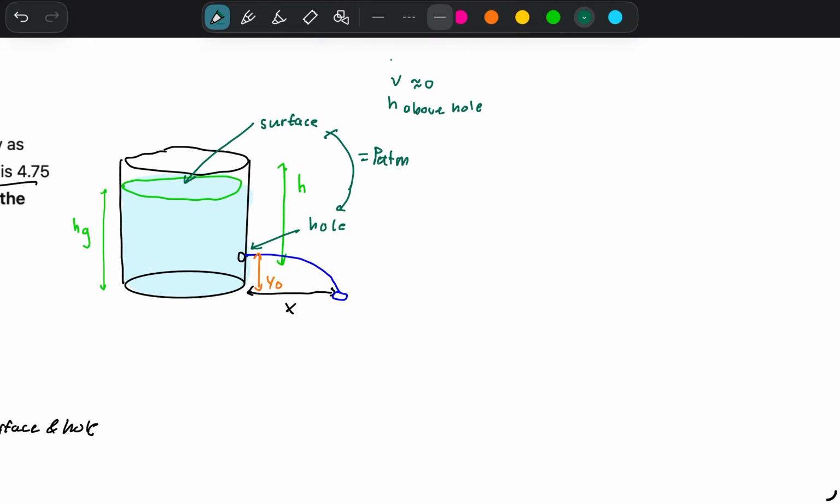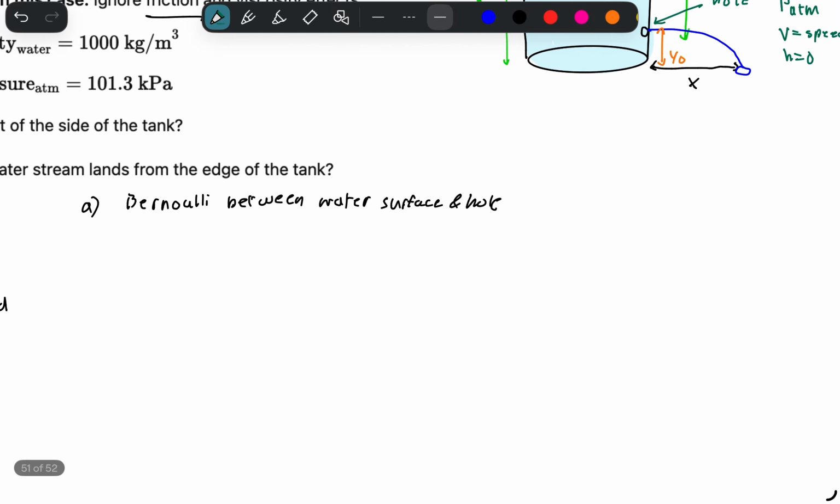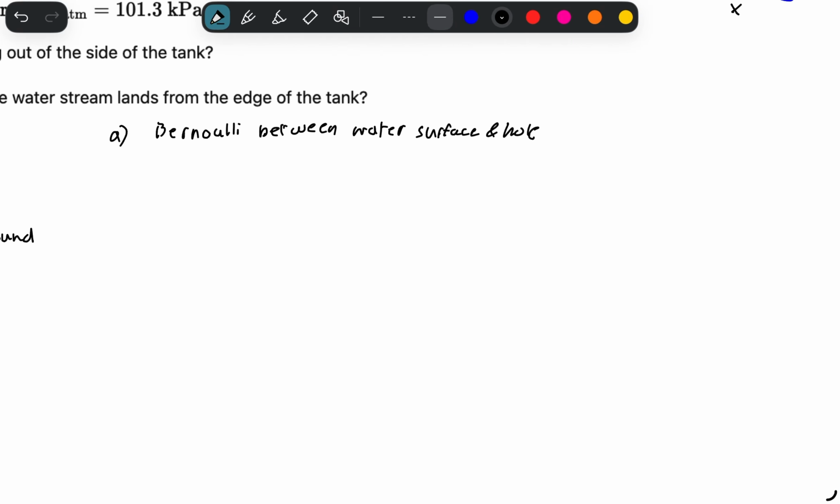At the hole, your pressure is still P atm, your v is the speed that we're going to find, and your h is equal to 0.